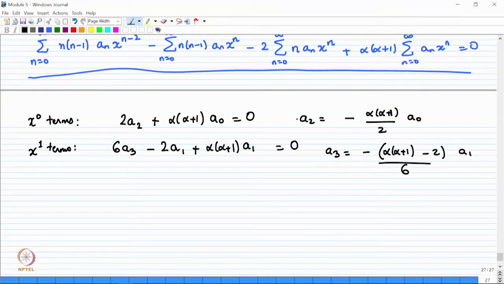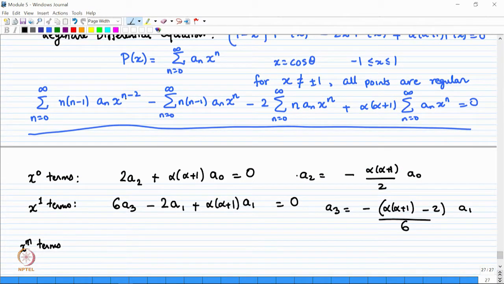Now, suppose you consider a general x raised to n terms, or let me call it x raised to m terms, just to distinguish from that variable. If you look at all terms that have x raised to m, then in the first term n should be equal to m plus 2.